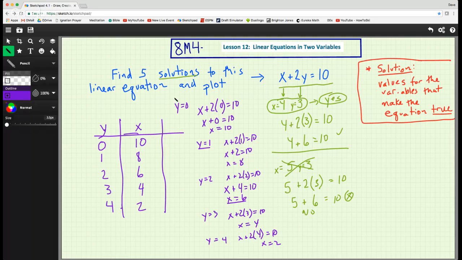Now, one thing you do when writing a solution, we often write it in coordinate form.